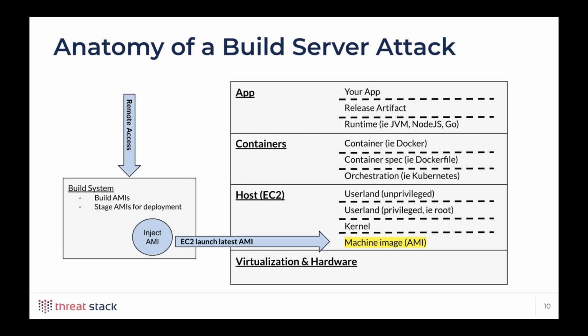And then, of course, as you might expect, everything above that virtual machine in the stack can also be compromised. So that's what we mean when we say that the build server can be an effective means of distributing malware.